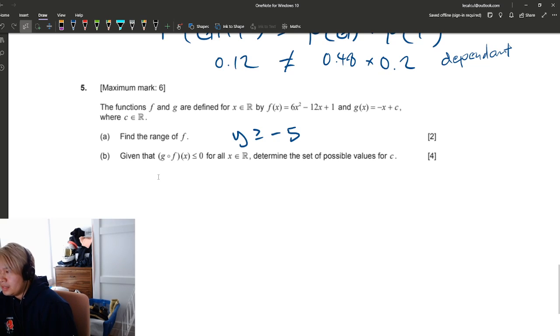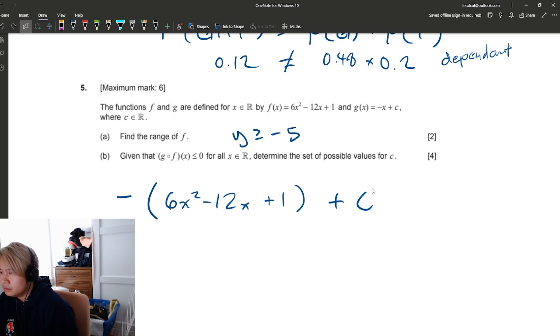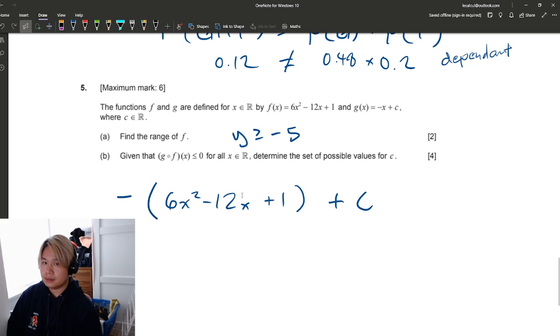Now we are going to do a composition. We're going to put f inside of g. So I'm taking this expression and putting it into the x value of g.